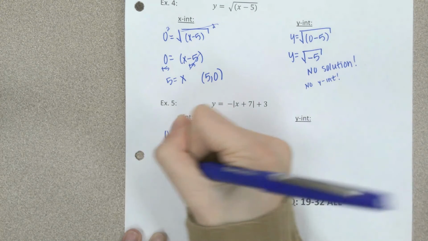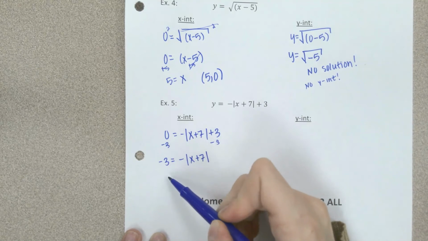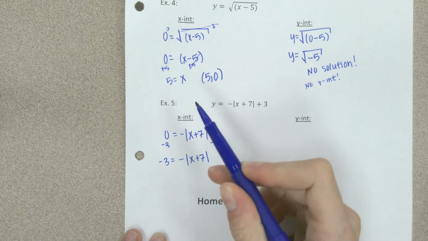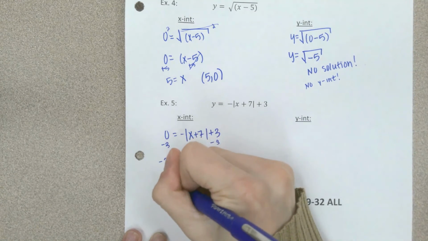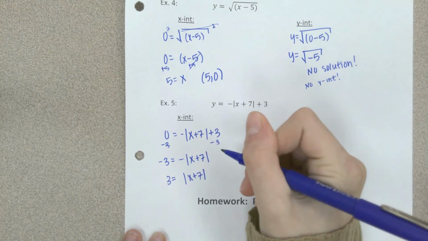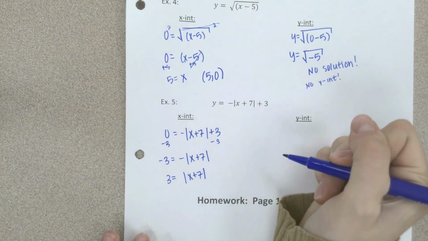Oops, this should be negative. Since this is negative and this is negative, we can think about multiplying both of these by negative 1 to get rid of these negatives. Both of them can become positive. Pretend like we just multiplied both sides by negative 1.